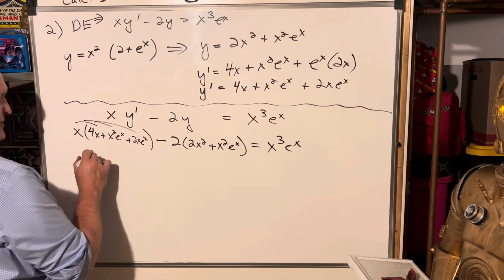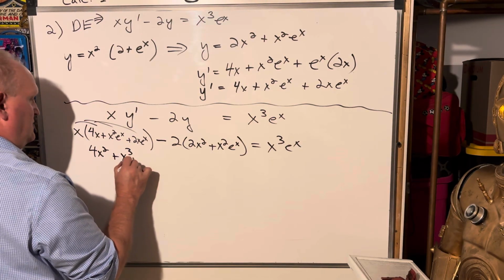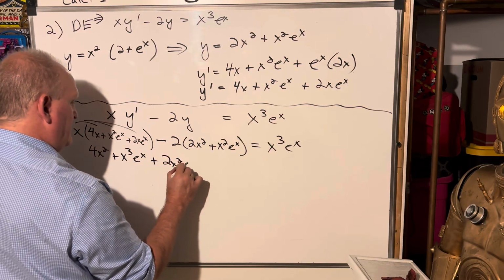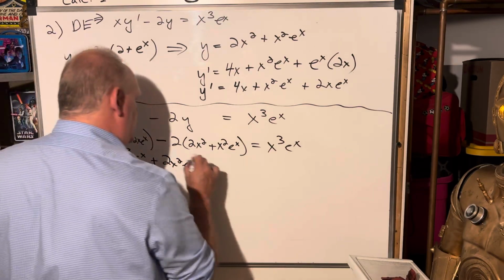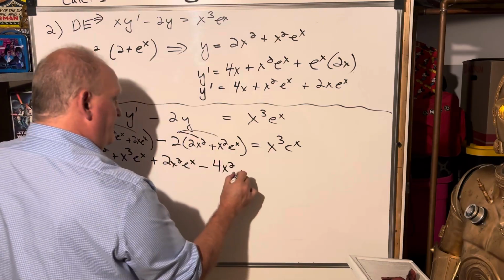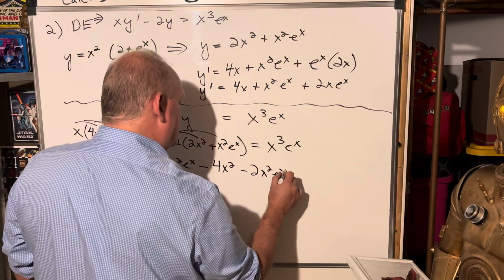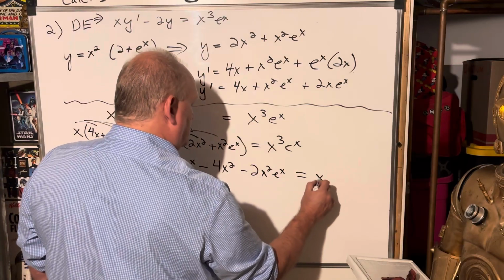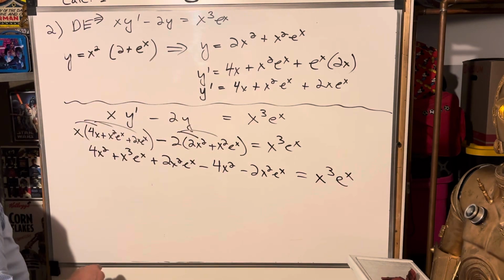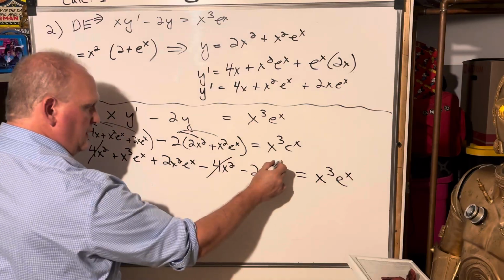So a bunch of distributive property: 4x squared plus x cubed e to the x plus 2x squared e to the x minus 4x squared minus 2x squared e to the x. Does that equal x^3 e^x? Well, those go, and those go.